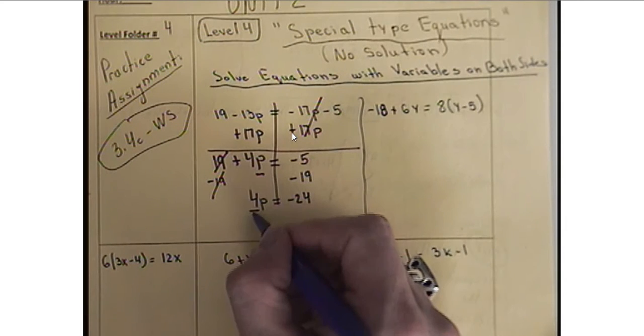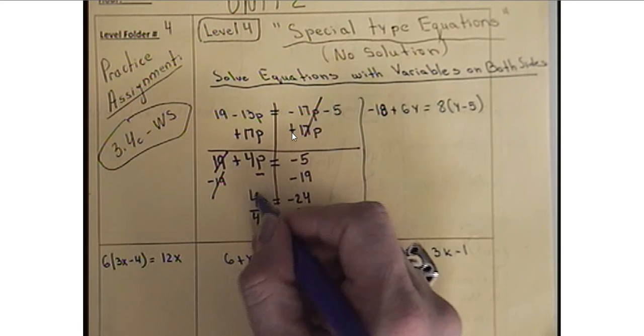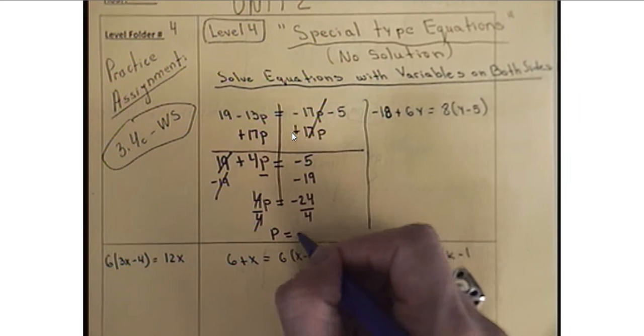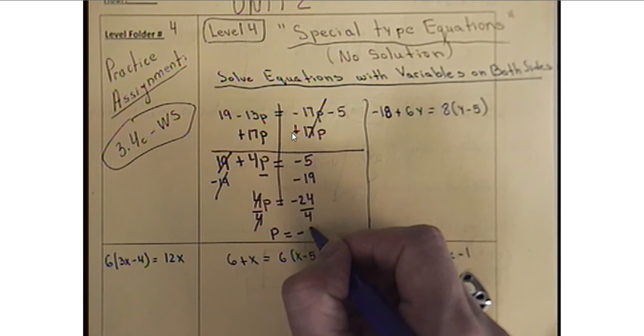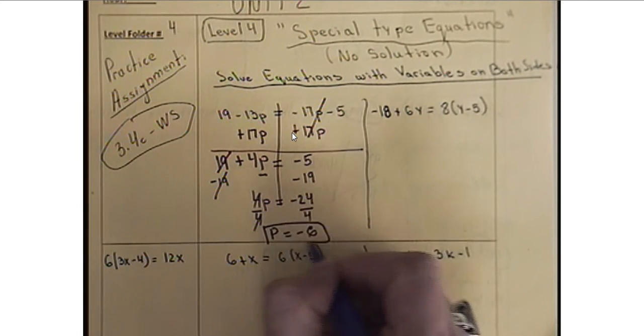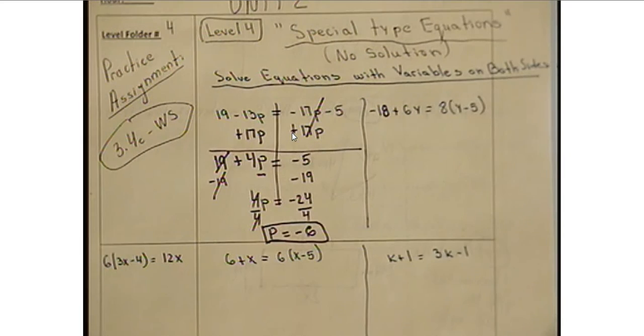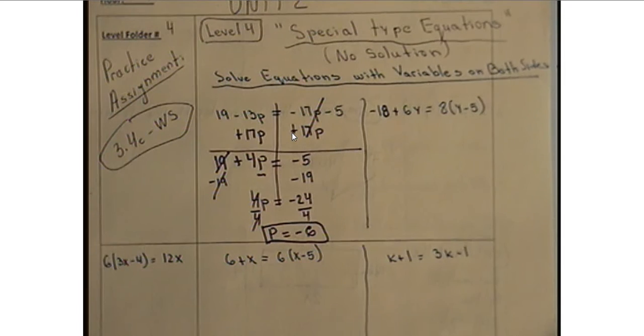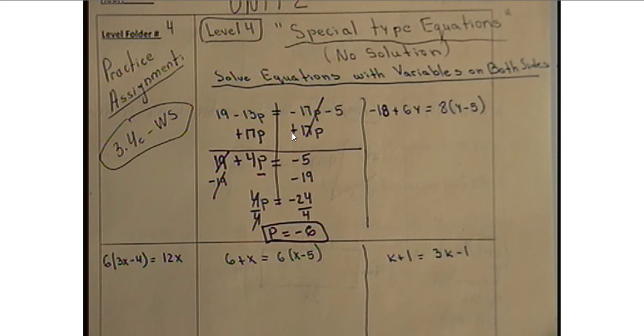Final step, we'll divide by 4 on both sides, so p will be equal to negative 6. That will be the final answer. So this is a perfect example of an equation that has variables on both sides. Let's take a look at the next example.